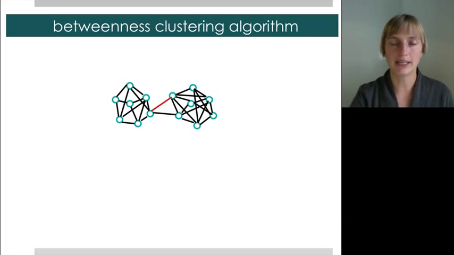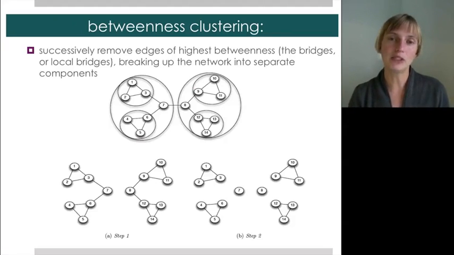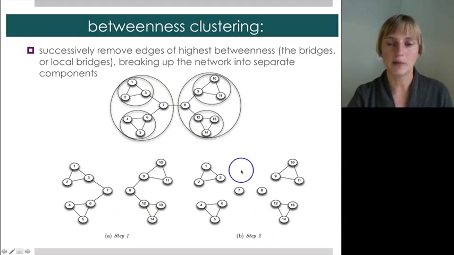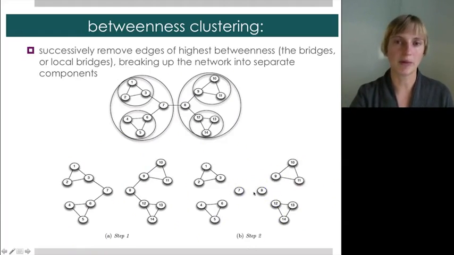But we'd find the next one, remove it. We'd find the next one, remove that one. And by doing this iteratively, we get successively finer and finer communities. For example, first, in this case, separating out into two disjoint communities, and then four smaller ones plus two nodes which become isolated.